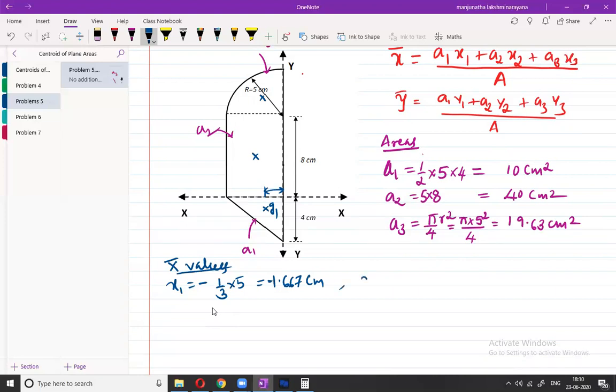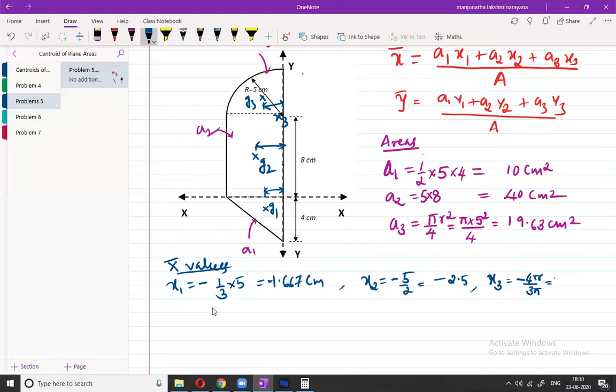Next, x2 will also be negative, which will be exactly half of 5, because this is G2. So minus 5 divided by 2, which is equal to minus 2.5. Next, x3: we know that from the diametric axis it is equal to 4r by 3 pi, since it is G3. So x3 is equal to minus 4r by 3 pi.